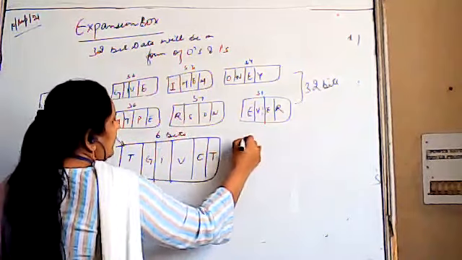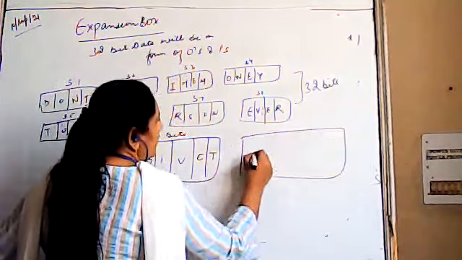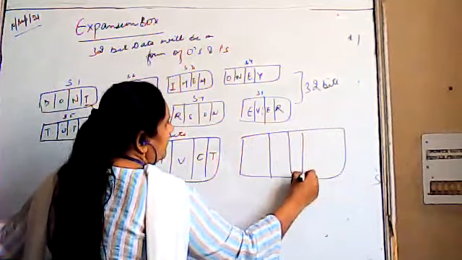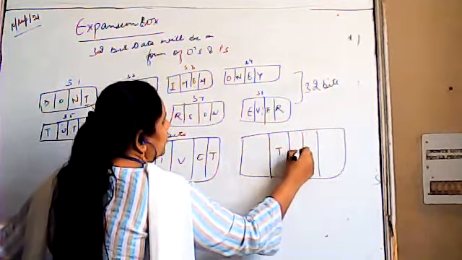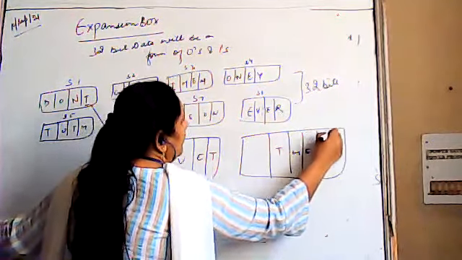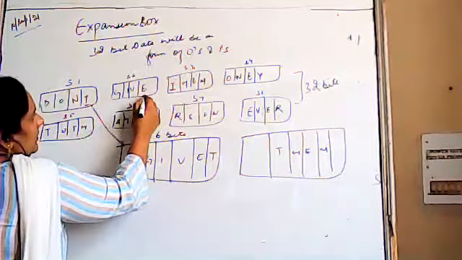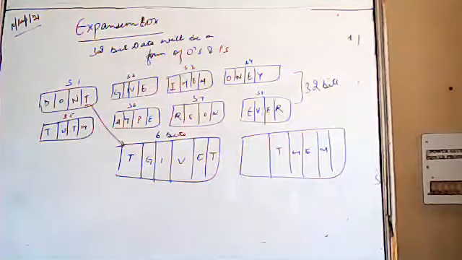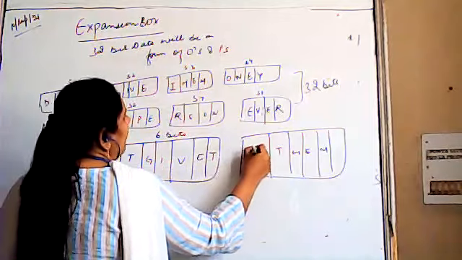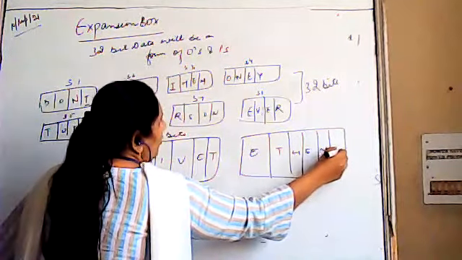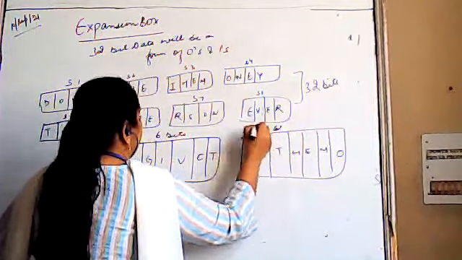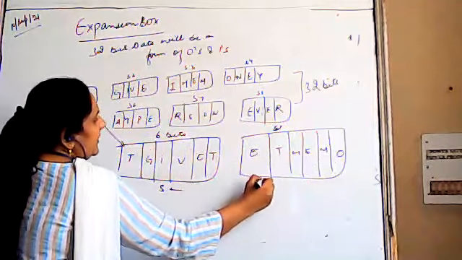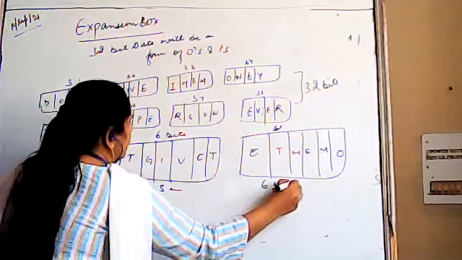Now take THEM. The last alphabet of S2 is E and the first alphabet of S4 is O. This is expanded to 6 bits.